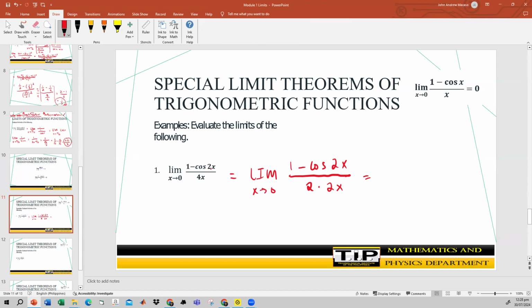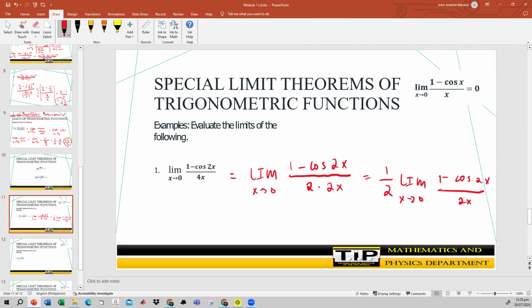Through the property of limits, I can just factor out 1/2. Because we have 2 here, an automatic 1 on the numerator, then we take now the limit of 1 minus cosine 2x over 2x as x approaches 0.